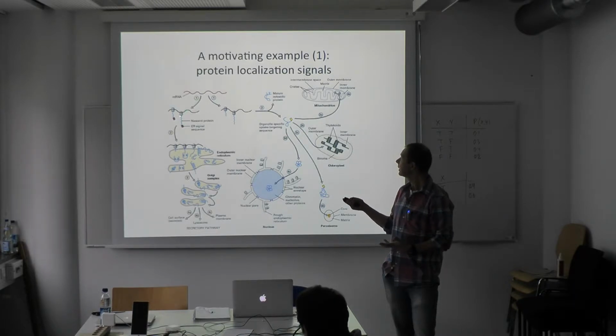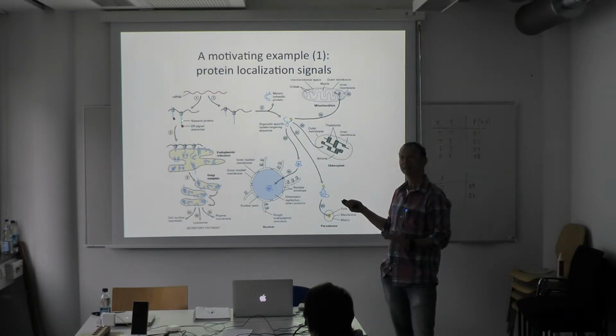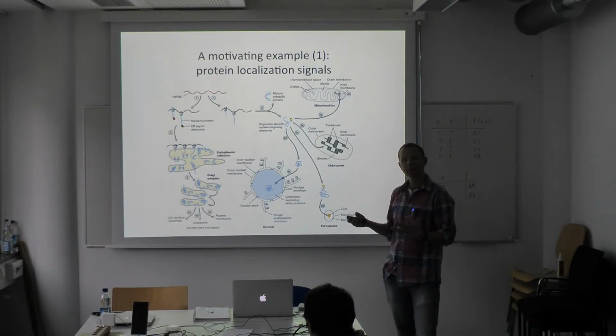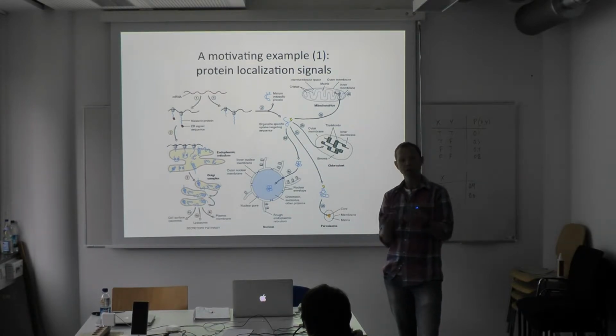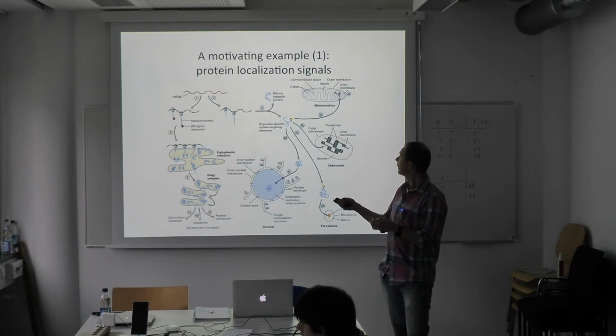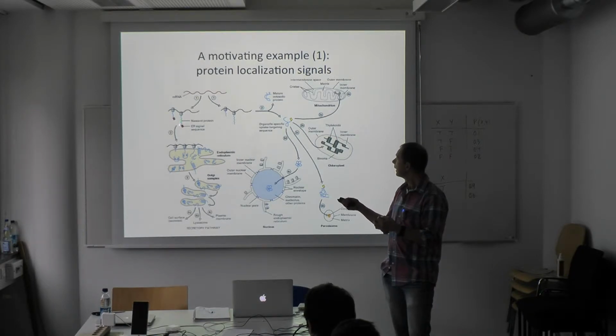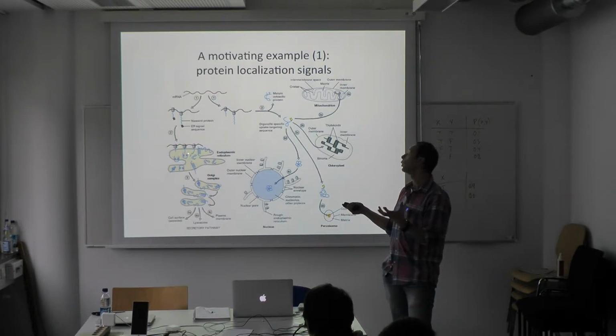So we have our messenger RNA being translated on ribosomes into an amino acid sequence. At the N-terminus of that amino acid sequence, there might be a signal peptide. If it fulfills certain criteria, a signal recognition particle will associate with the complex of the ribosome and the protein that is being translated, and the whole thing will be associated with the endoplasmic reticulum, which is one compartment in the eukaryotic cell, and inserted co-translationally.